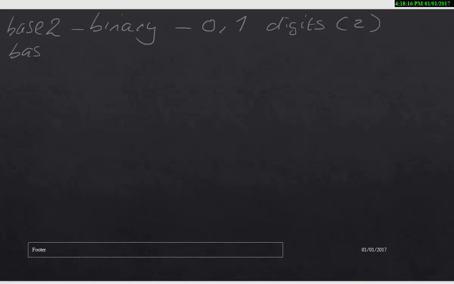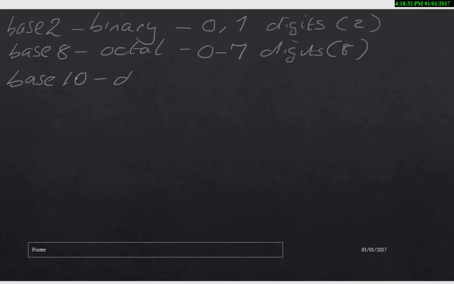We have base 8, which is octal. Don't see that used very much. We have 0 to 7 possible digits, which is 8 digits. We have base 10, which we all know is our decimal, and that gives us 0 to 9 digits.